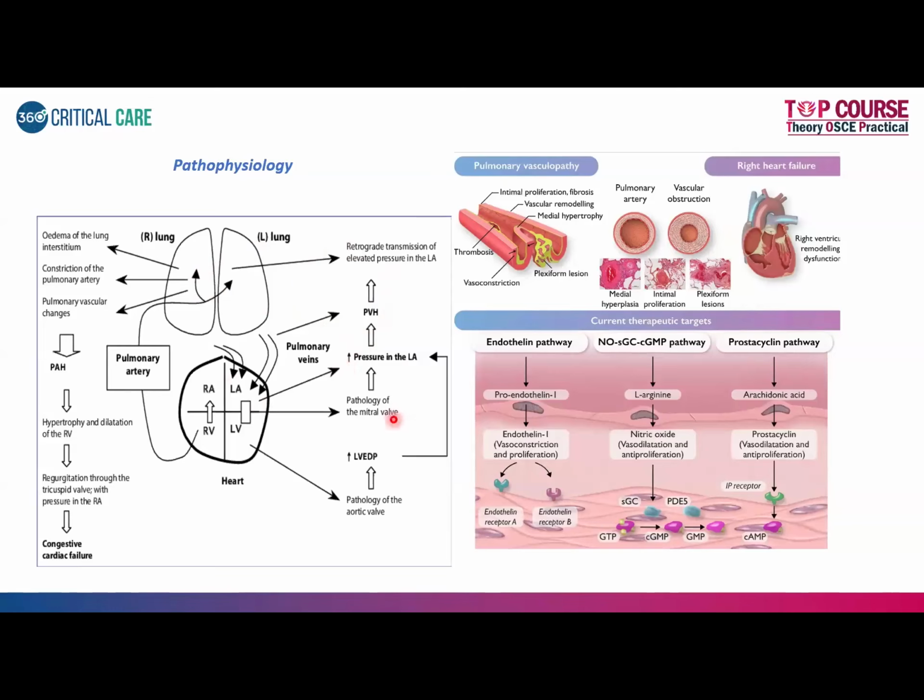Pathology of the aortic valve increases the left ventricular end diastolic pressure, and they can also result in right ventricular failure. If we go by the micropathology, there is medial hyperplasia, intimal proliferation, and plexiform lesions resulting in vascular obstructions basically. And the micro pathway involves the endothelin pathway, the nitric oxide cyclic GMP pathway, and the prostacyclin pathway.